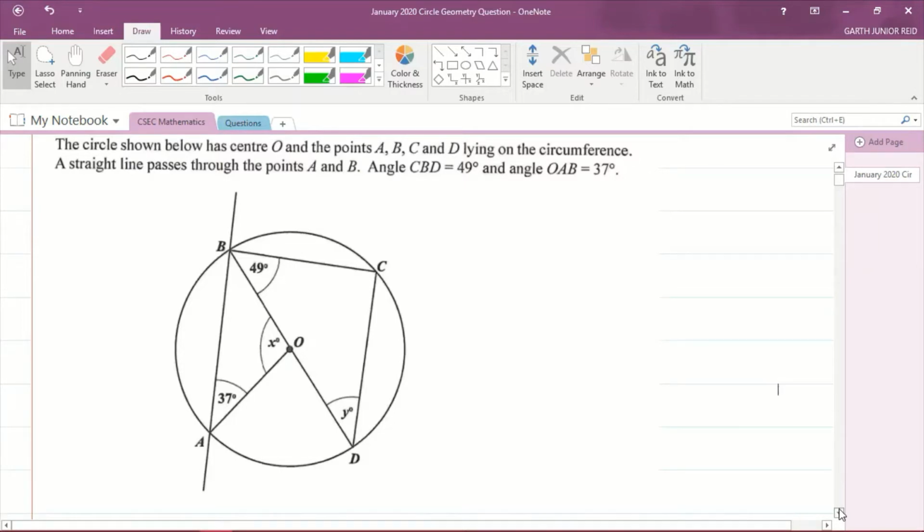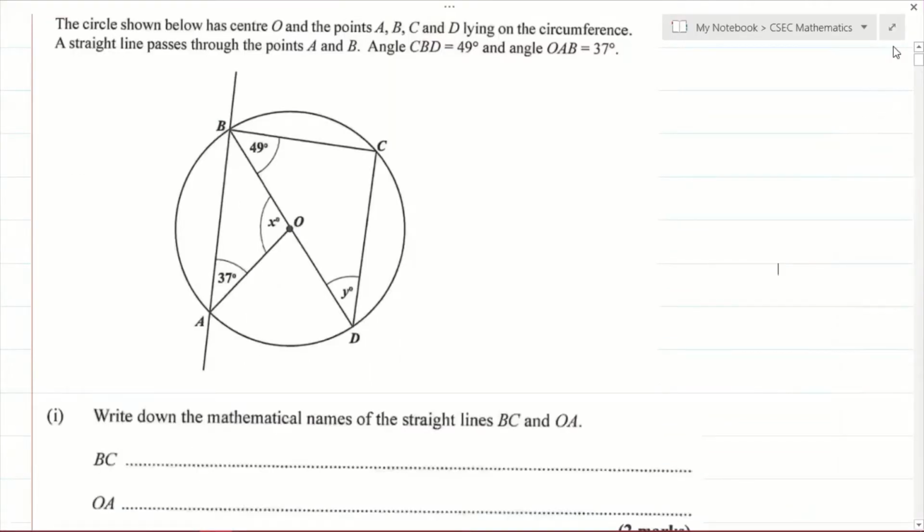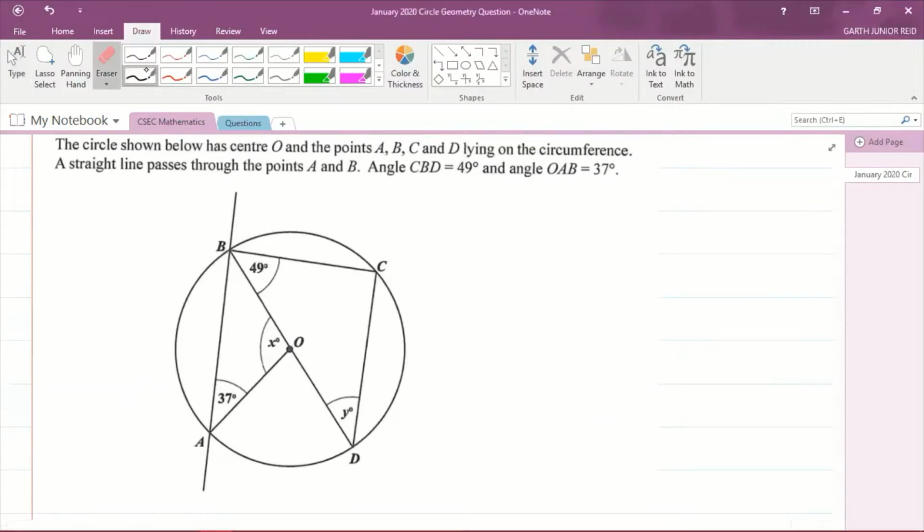A straight line passes through the points A and B. And it told us that angle CBD is 49 degrees and angle OAB is 37 degrees. Let us look at the questions they have asked us to answer.